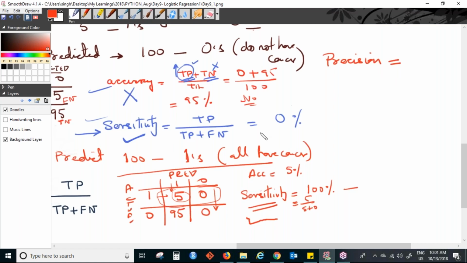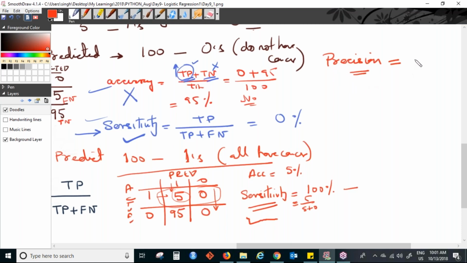You guys are partially right that we should look at both accuracy and sensitivity, but there is still another parameter called precision which we will use to prevent conditions like this, so that the hospital does not start predicting everybody as one. To put a constraint on that, we have another parameter called precision.